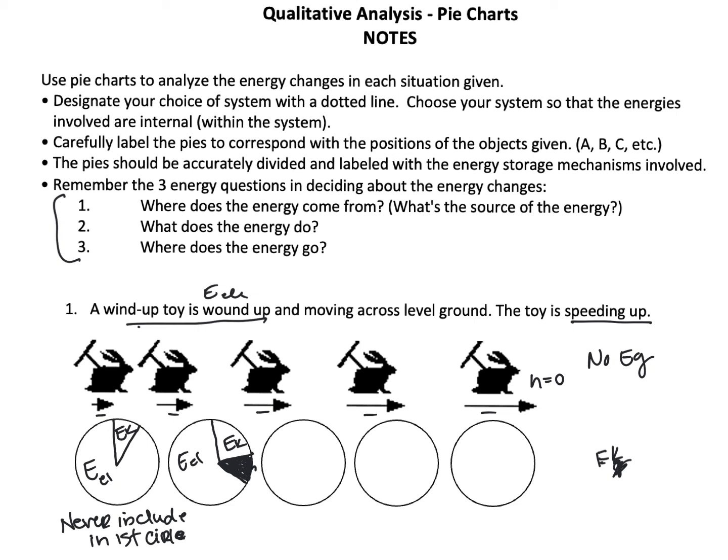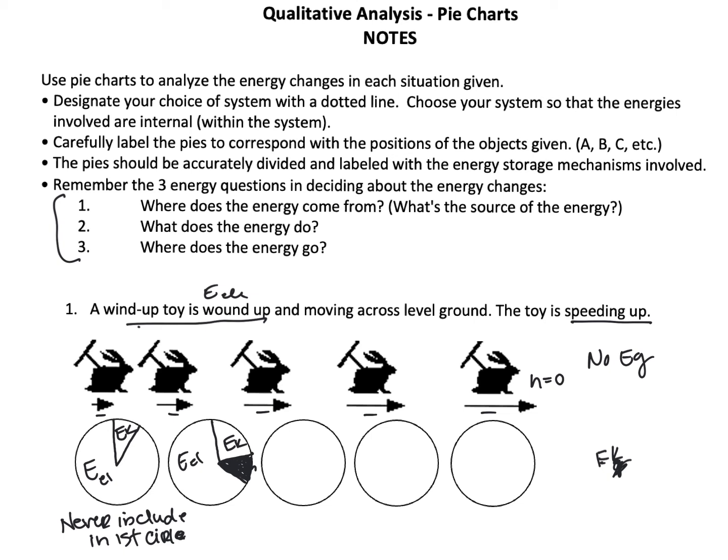So we always have it. We just want to show the increase in it. So we're never going to put it in our first pie chart. We're only going to represent increases in thermal energy. So the thermal energy of the system, which is the bunny, is going to increase as the bunny goes across the table. But we're not going to include the starting amount that it had when it began.